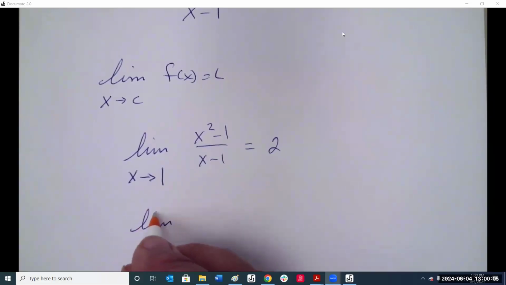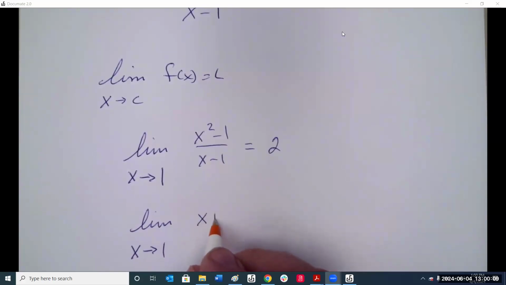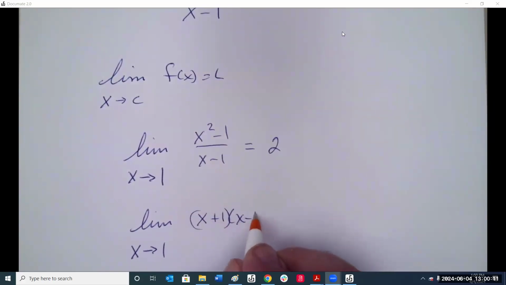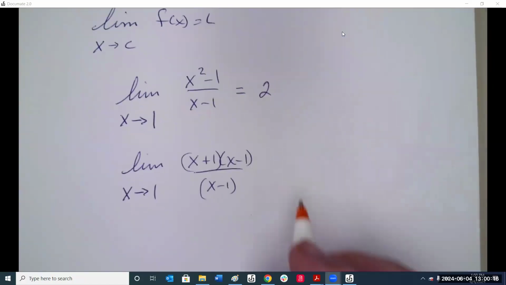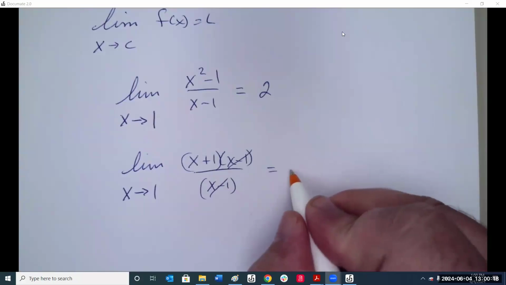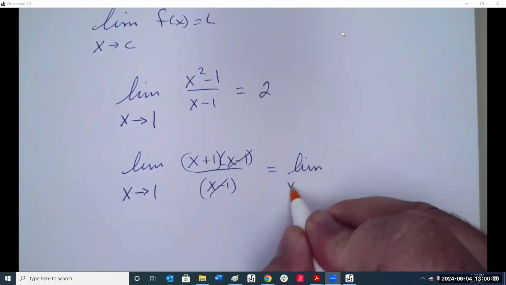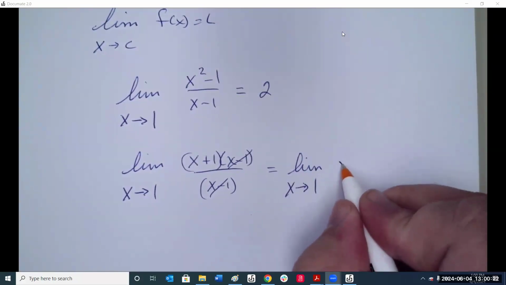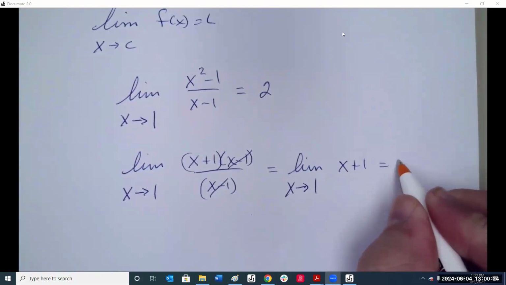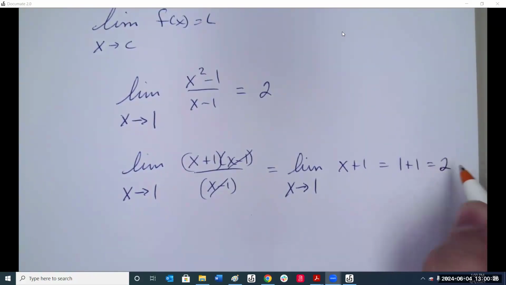Because the limit of x plus 1 times x minus 1 over x minus 1, these cancel, so we have the limit as x approaches 1 of x plus 1. That's what's happening.